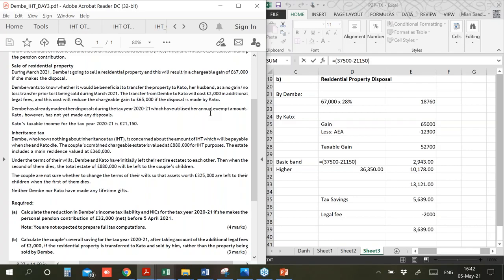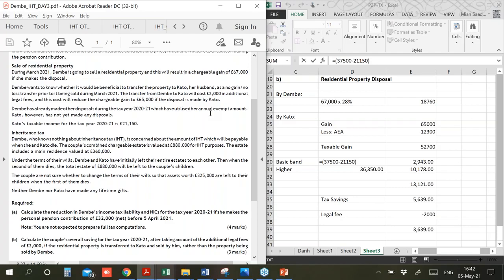The estate includes a main residence as well, at 360,000. Under the terms of their wills, Dembe and Cato have initially left their entire estates to each other. Then, when the second of them dies, the total estate of 880,000 will be left to the couple's children.